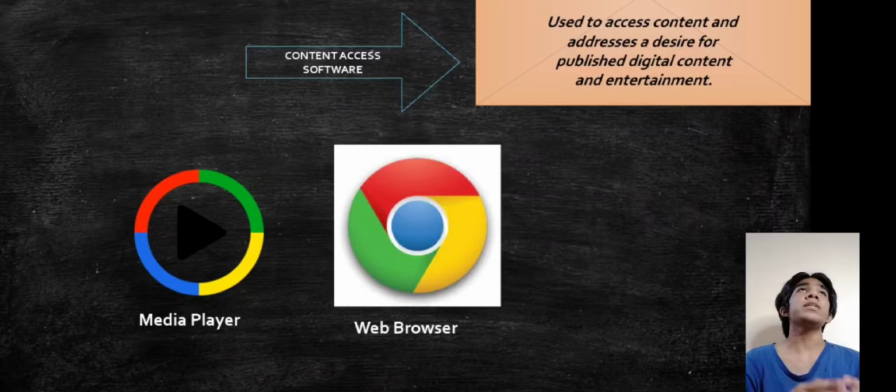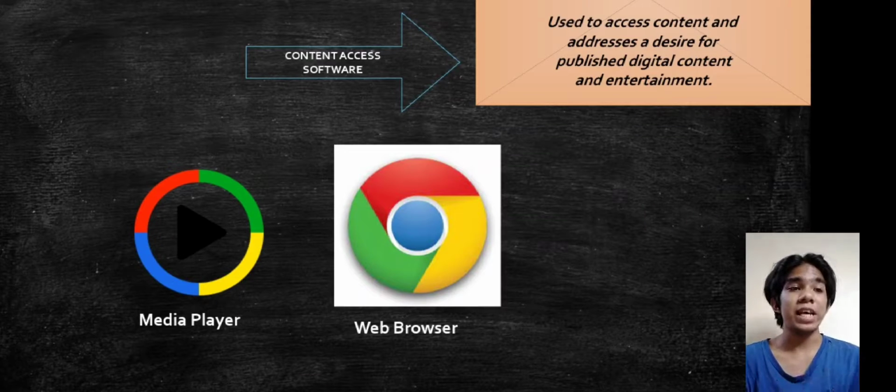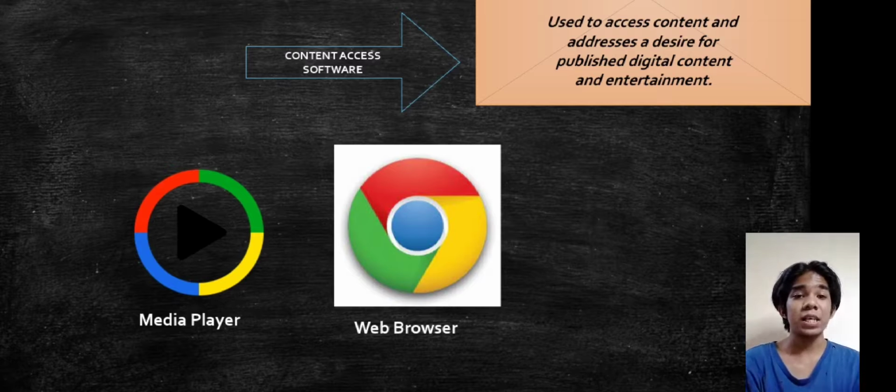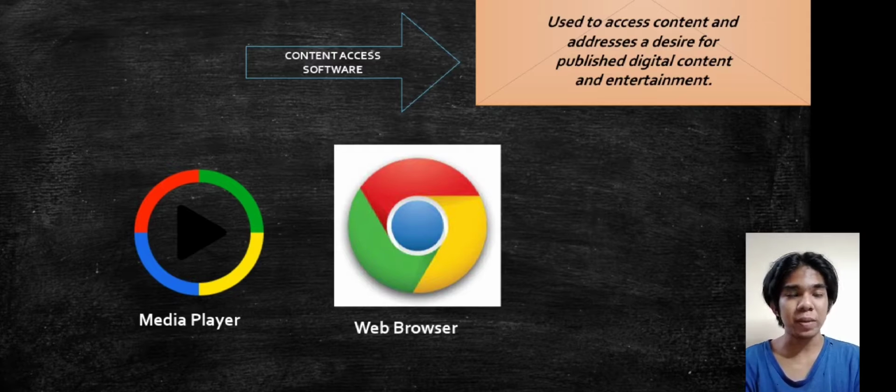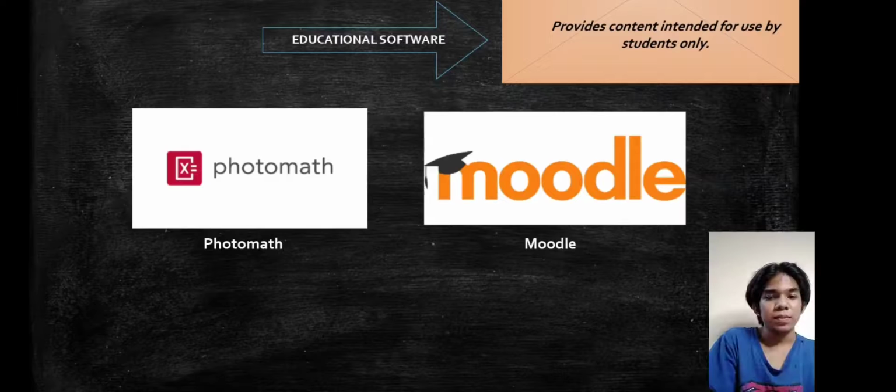To make it easier to understand, content access software is used to access different contents, and most of the time you can't edit it because you need another software to make that done.